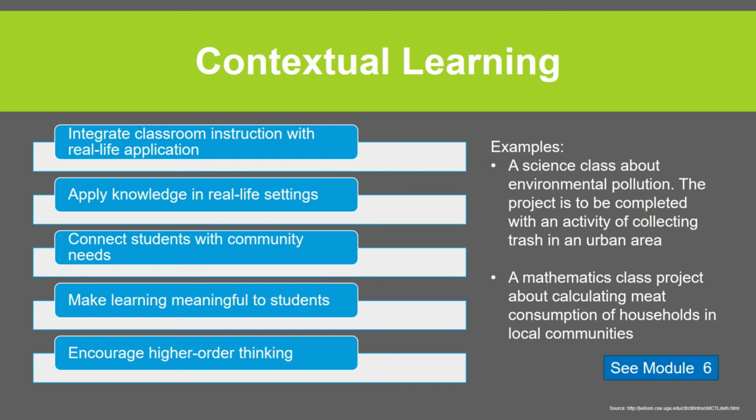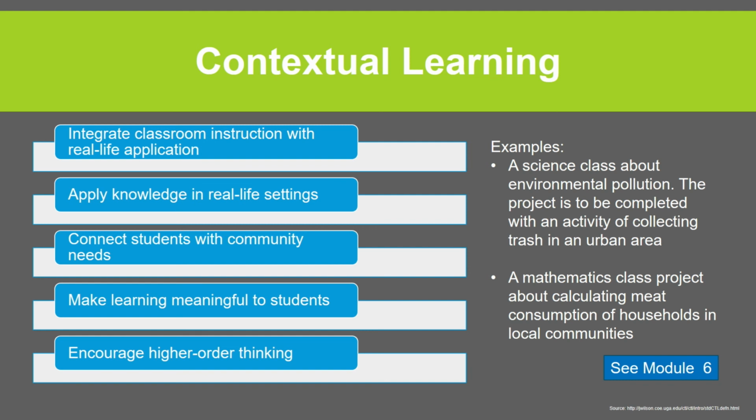And so the first one there is having a science class learn about environmental pollution. They could perhaps collect trash in an urban area out in the community and try to understand why that's a problem and how there might be multiple solutions to solve that problem.